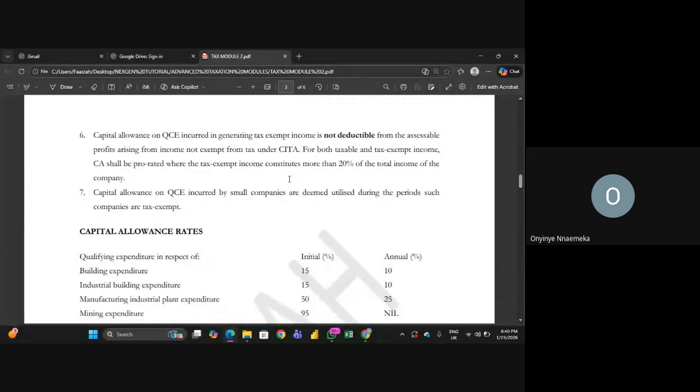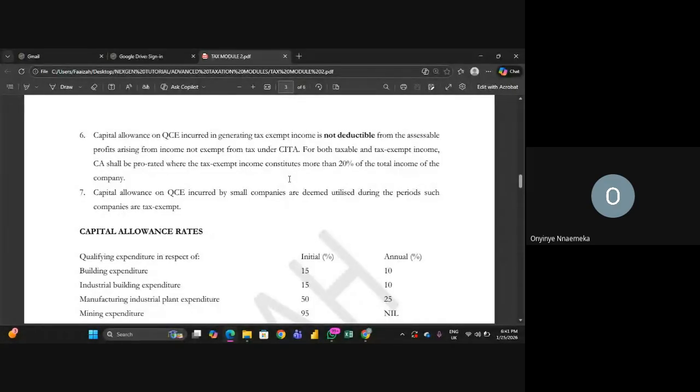What are they saying? You have an asset, but your asset is generating tax-exempt income. It means that the income that you are getting from the asset is not even taxable. When the income is not taxable, why are you now deducting capital allowance of the asset from taxable income? I don't know if you guys are getting what I'm saying.